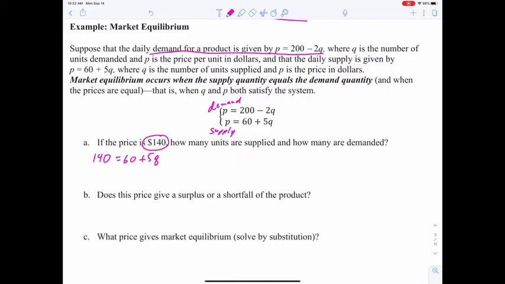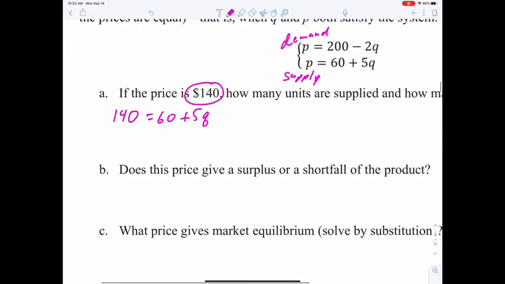So we go through our algebraic steps here. Of course, we're going to subtract 60 from both sides. That's the rule, right? Whenever we're doing algebra, whatever we do to one side of the equal sign, we do to the other side. And we always want to eliminate the numbers first, then divide out to get the variable by itself. So we're going to subtract 60 from both sides. That'll give us 80 equals 5Q.